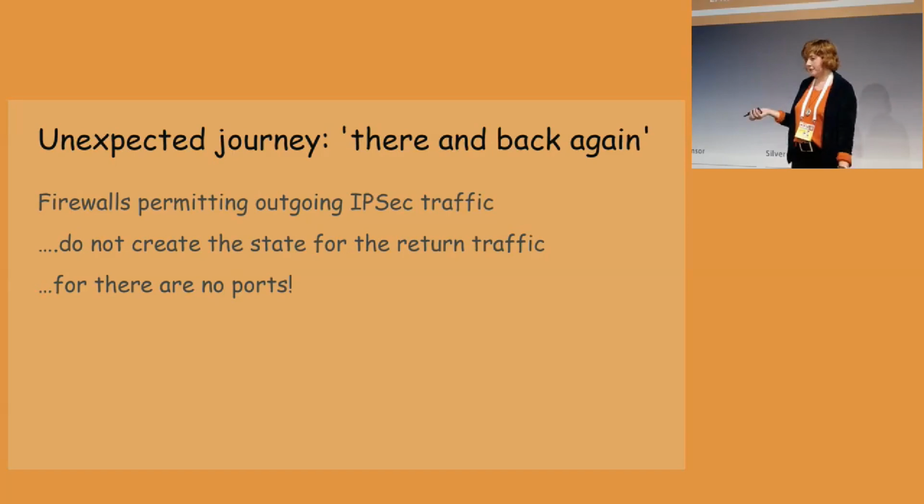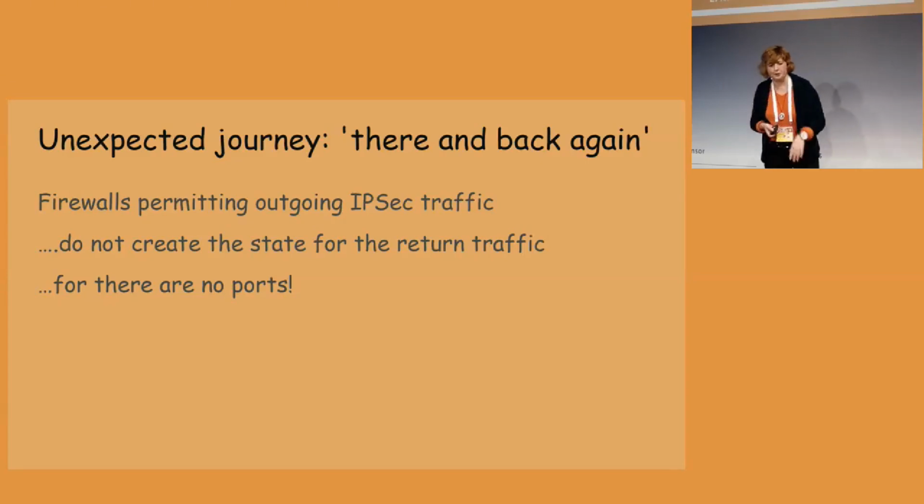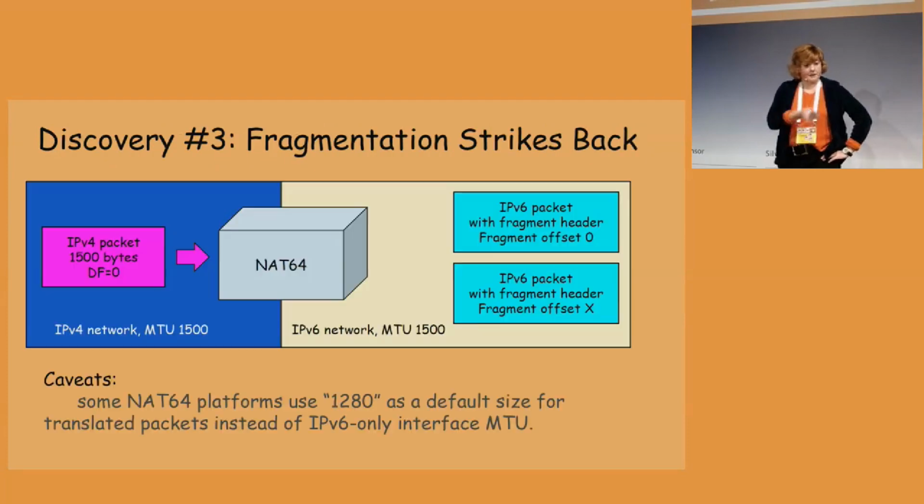So some other devices decided that, yeah, I'm a stateful firewall indeed, but when I'm permitting outgoing ESP traffic, I'm not going to create any state for the return flow because for state, I need port numbers. No port numbers for ESP, so no, just drop it on the floor. Well, that was easy to fix. Fortunately, it was just an explicit rule, but still. Yeah, fragmentation.